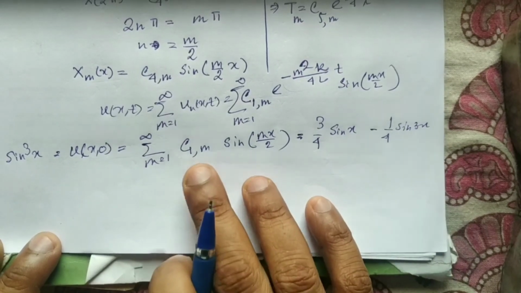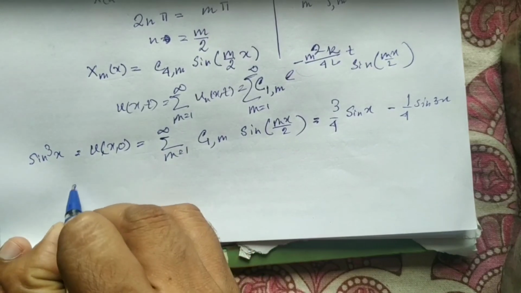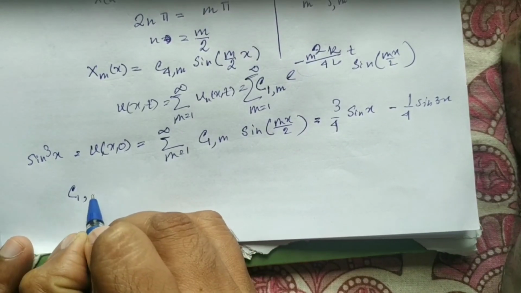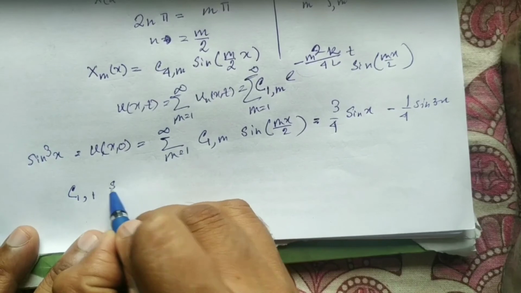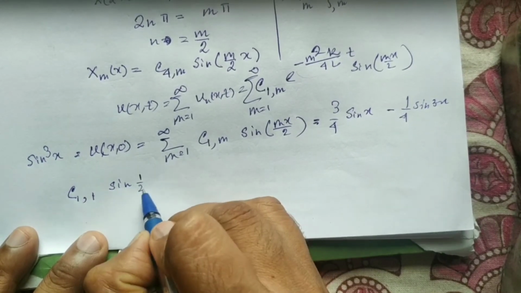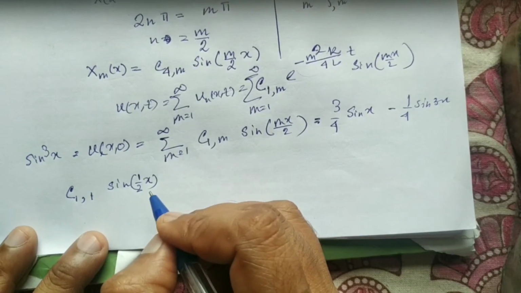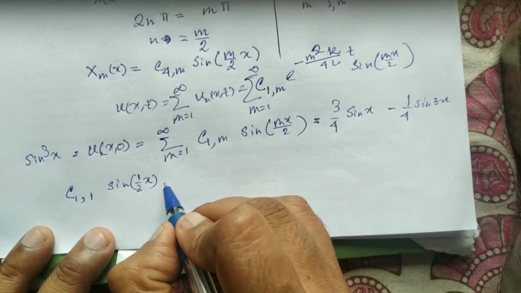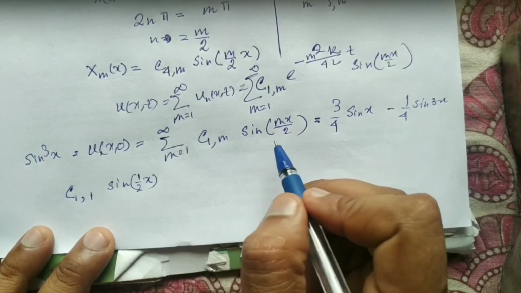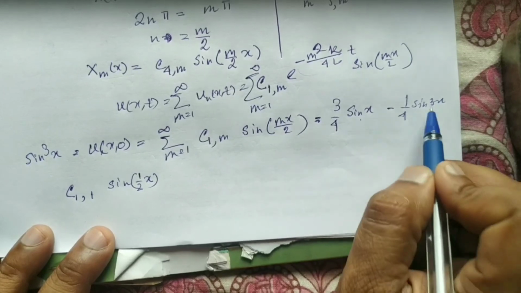Now see this, if we enlarge this part, what we get is C1 1 sine x by 2. Okay, very good. So follow that there should be some particular terms which will match with these terms.